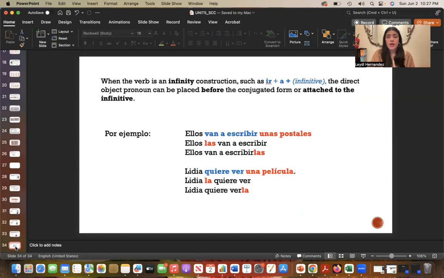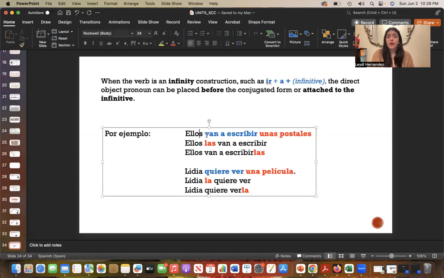When we have ir plus a plus infinitive, do you remember this construction to talk about future actions, like voy a comer mañana, voy a bailar en la noche? Whenever you have that construction with two verbs, we have two options too. For example, ellos van a escribir unas postales.